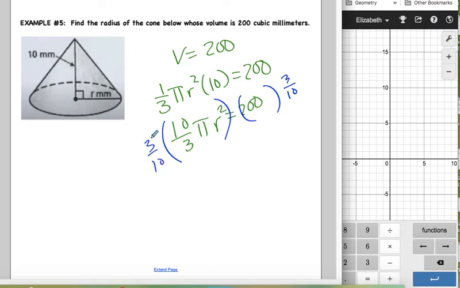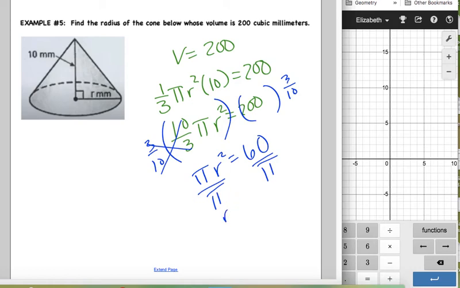I'm multiplying by the reciprocal so that this fraction will cancel out, leaving just pi r squared. So 200 times 3 divided by 10 is 60. And now we're going to divide by pi. You do need to get the r squared alone before you square root.